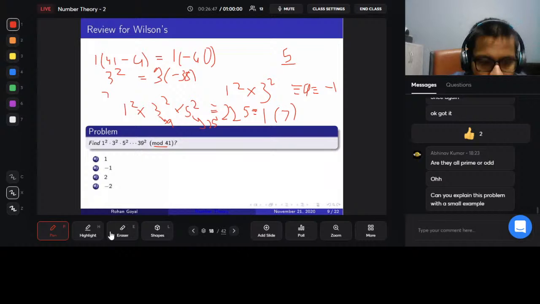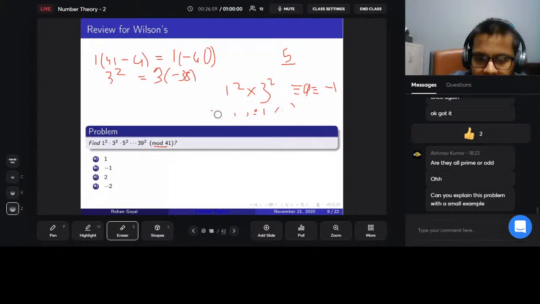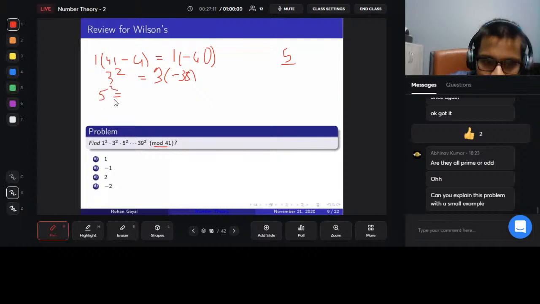So, okay, let's go back to the main thing. I'll just remove this. Okay, so similarly 5 squared is congruent to 5 into minus 36, right? So we can keep listing it this way.